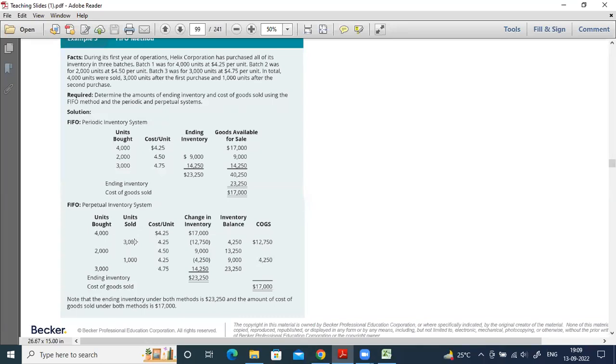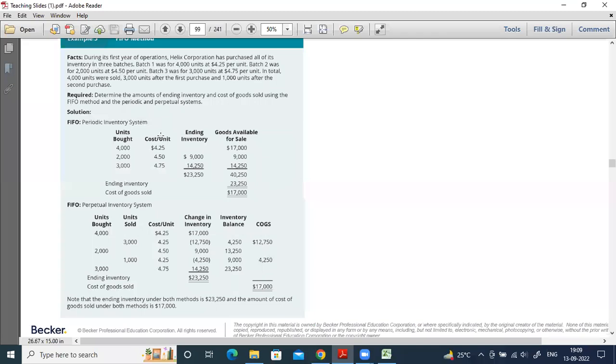So immediately after that, how much did they issue, how much did they sell? 3,000. What rate do we need to consider? Only the 4.25 lot, right? So 3,000 into 4.25, the change in inventory will be 12,750. Balance is 17,000 minus 12,750, which is 4,250. Any query, guys, on this?